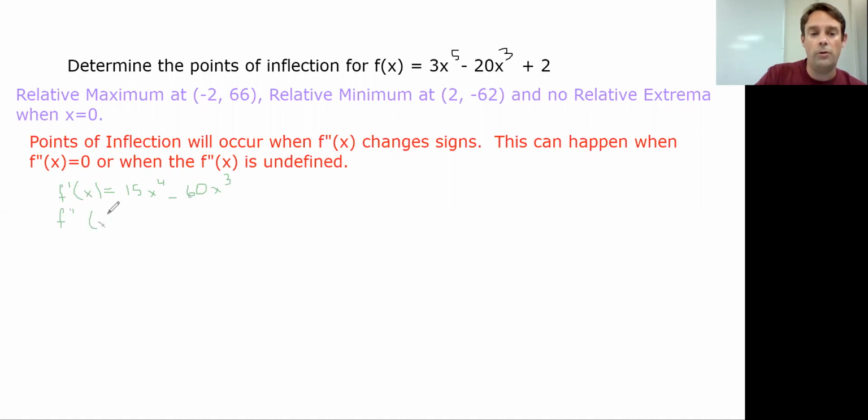If we were to keep going on this, we had a second derivative of 60x cubed minus, that should have been a 2 back there, friends, minus 120x. So we found the second derivative. We're going to set it equal to 0.